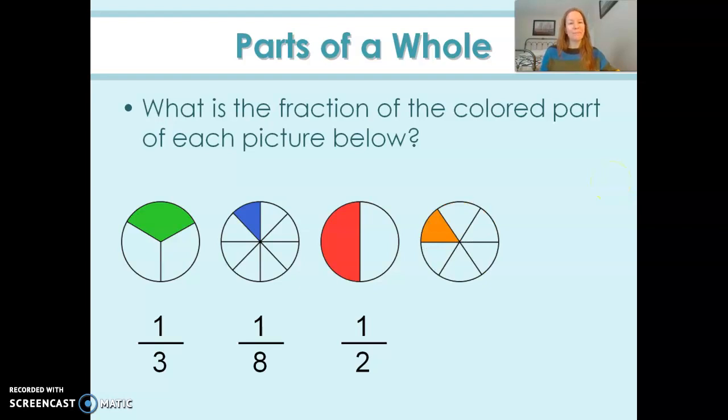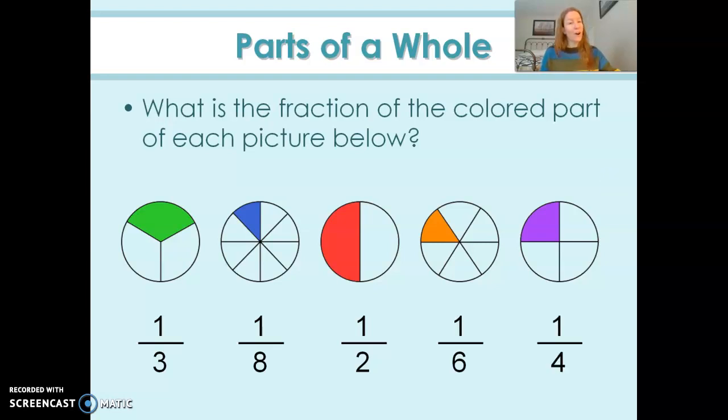What about this one? If you said 1/6, you are correct. And our last one, if you said 1/4, you are correct.